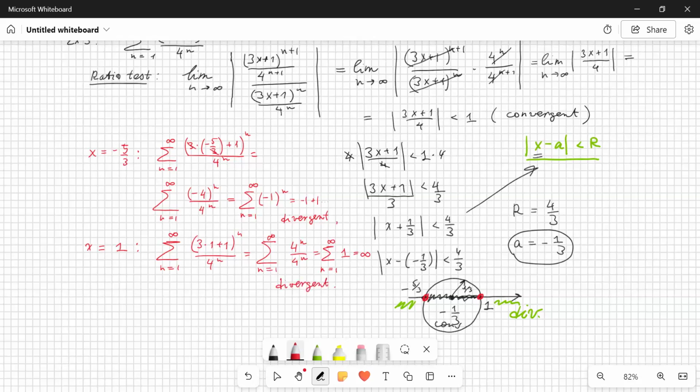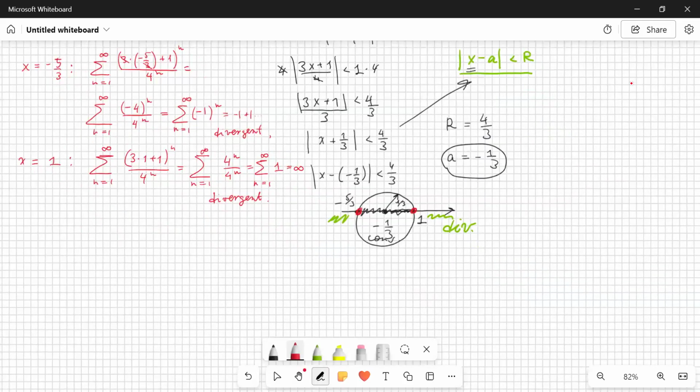Okay, so when we write down our final answer, we're going to say that my interval of convergence is from negative 5 over 3 to 1, and both points are not included. Radius is going to be equal to 4 over 3. And that's going to be the final answer to this problem.